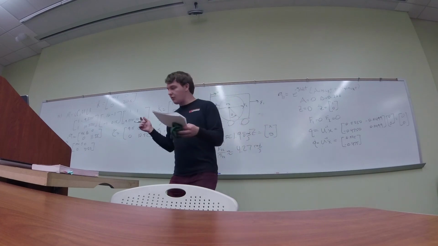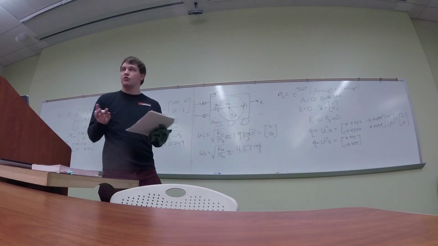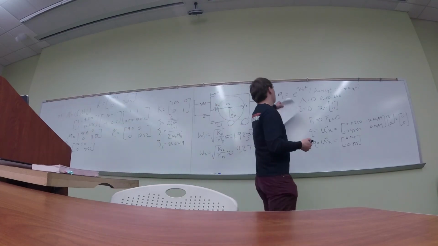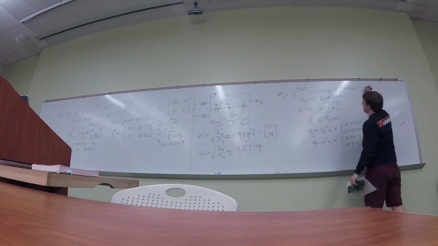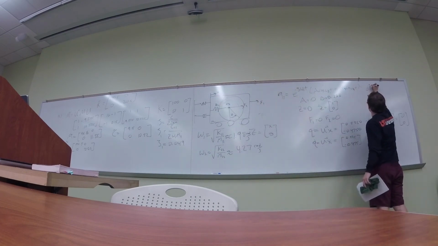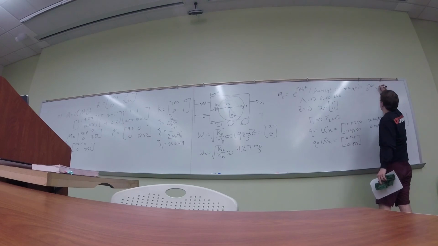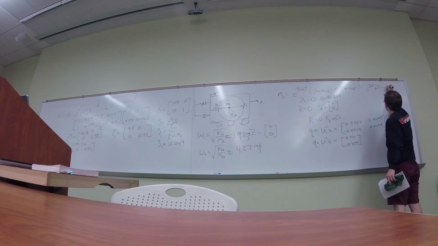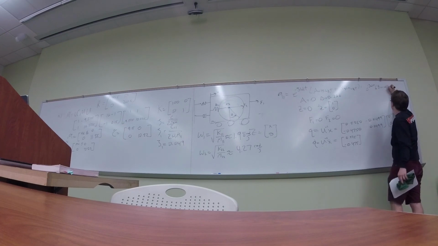And then you know what your damping is, and you know what your omega 1 is, and you now just solve this down to e to the negative zeta omega 1 t, b sine omega d1 t.